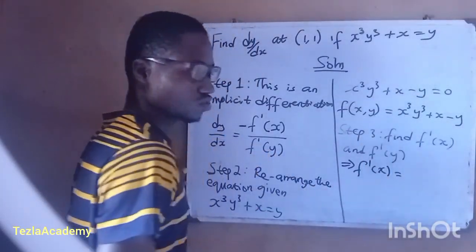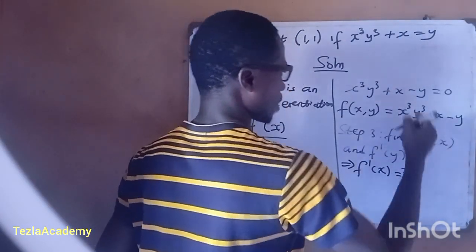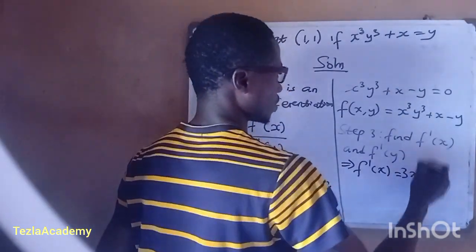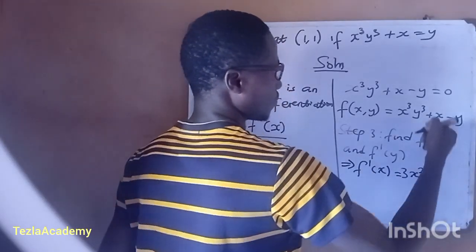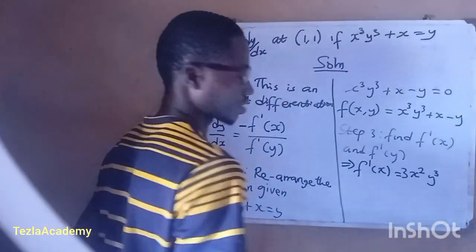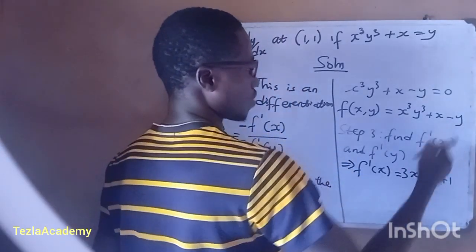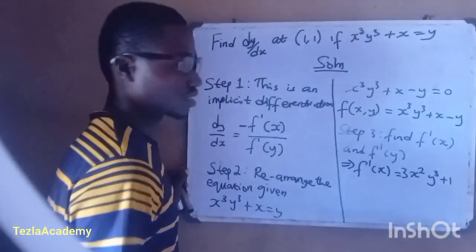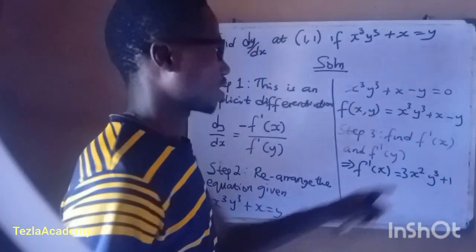If you differentiate s cubed, that means bring 3 to the front, 3s, remove 1 from 3, you have 2. And y cubed is like a constant there, it will just be what it is, no change. If you differentiate s now, it will give you 1. Plus 1, minus y is a constant. So if you differentiate a constant, it will give you 0.